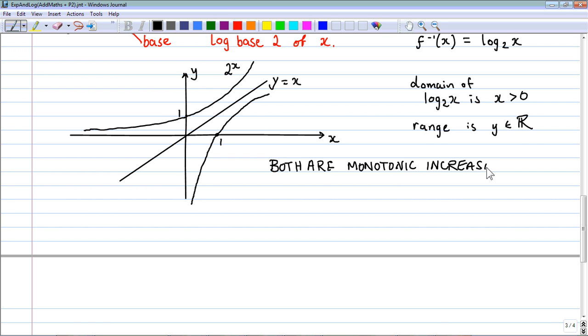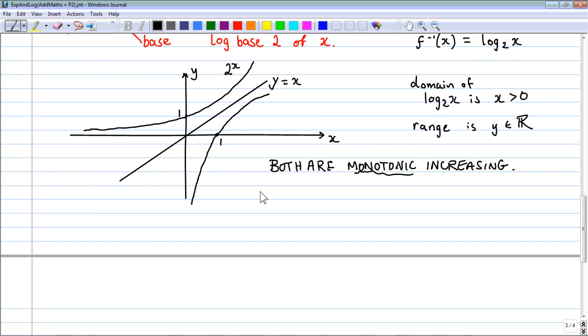Increasing function, again, reminder from AS Maths, means the gradient is positive everywhere, always positive. Now, monotonic is a word you might not have seen, but it means going in one direction only. Neither of these graphs have any stationary points. They never turn over and change direction. So both functions are monotonic increasing.